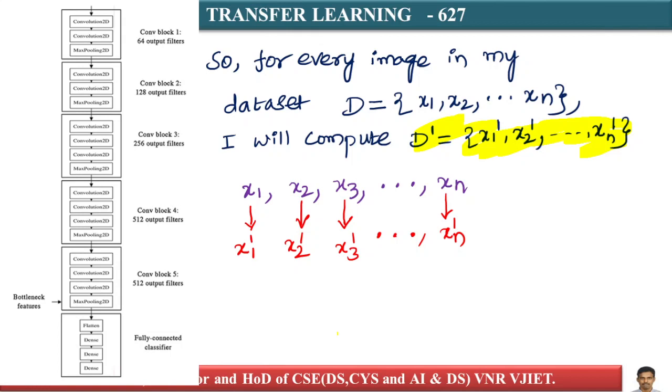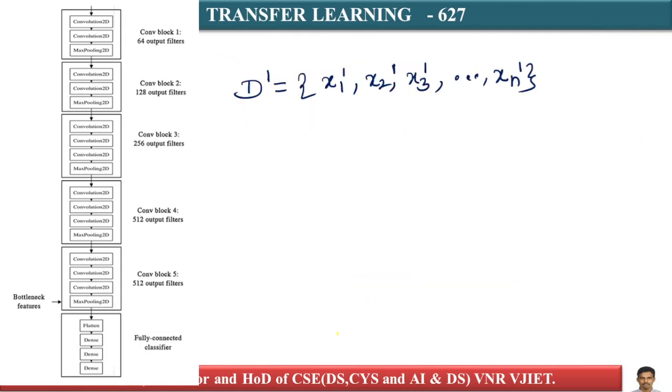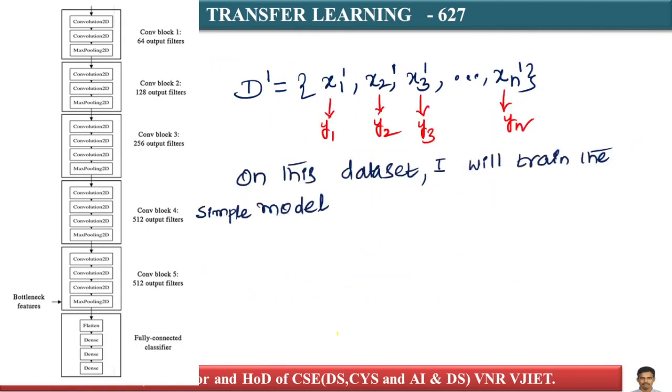Correspondingly I have y1, y2, y3, so on. I will train a simple model because I have a two-class classifier. I can train a simple linear model like logistic regression.